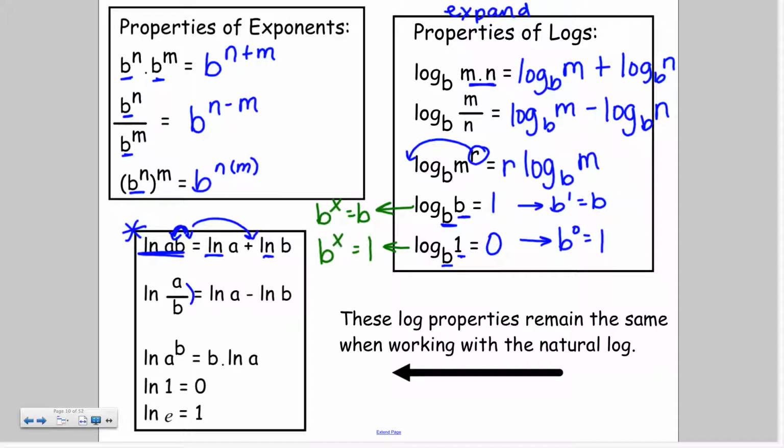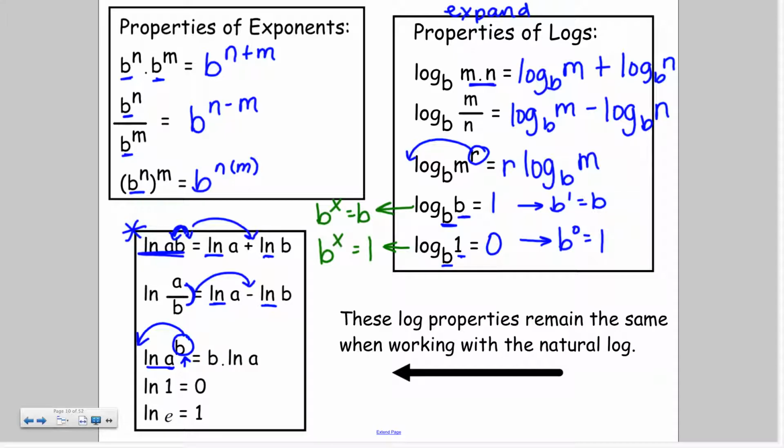These two are being subtracted or divided, so I'm going to subtract them, but again, I'm going to put the same log base with them. This one is a number raised to a power, so the power is going to have to go out front, and then everything else will stay the same.